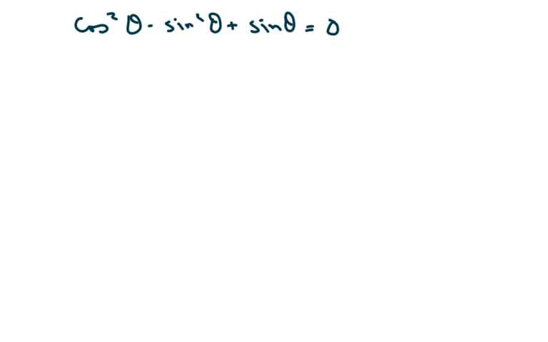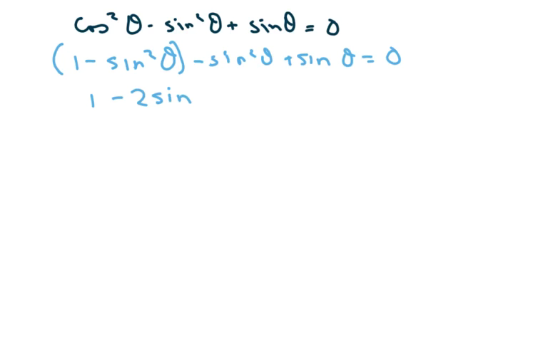Same thing's going to happen with this one. I'm going to make everything with sine, so it's going to be 1 minus sine squared of theta, minus sine squared of theta plus sine of theta equals 0. And this is going to yield 1 minus 2 sine squared of theta plus sine of theta.